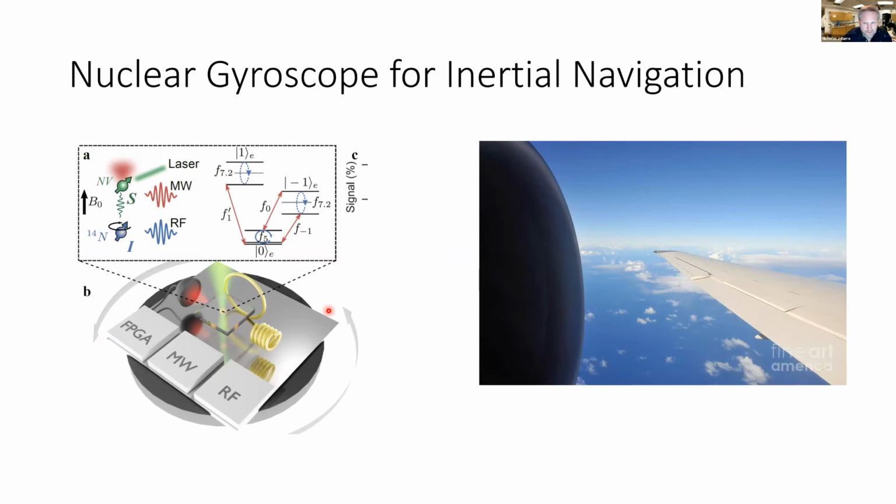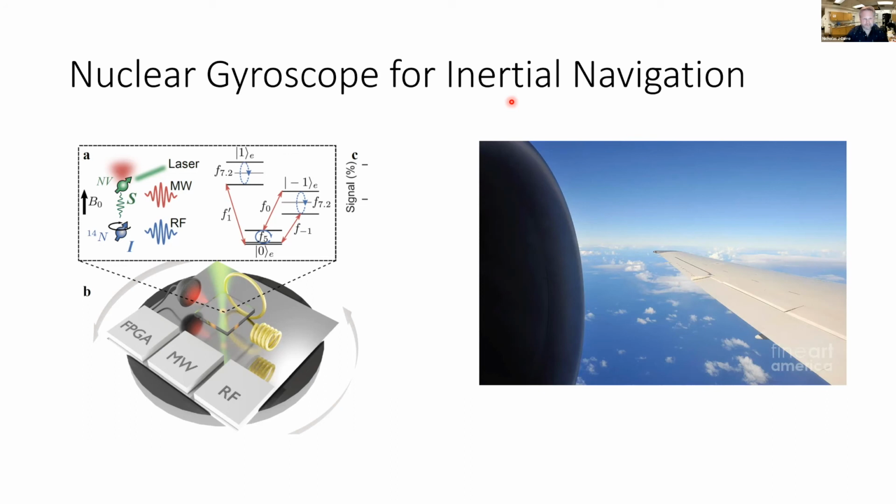NV centers are also really powerful for something called inertial navigation systems. You may know about gyroscopes, the simple toy where you get something spinning, or even a spinning bicycle wheel, that can help you determine what direction is what when you're flying an airplane or in a spacecraft.